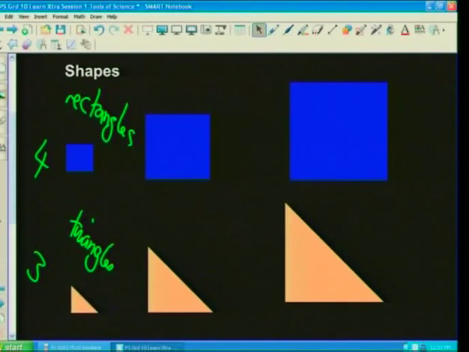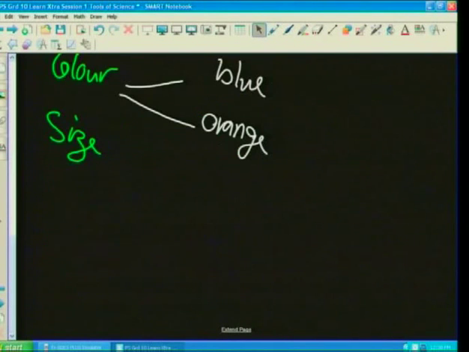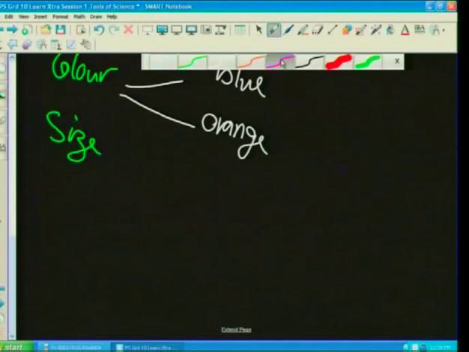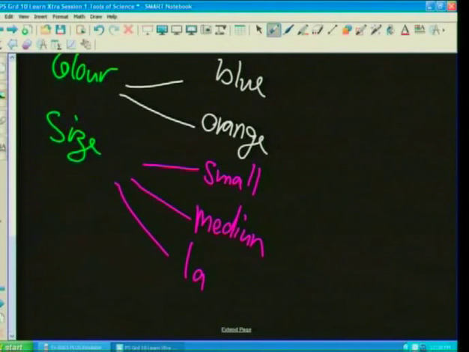We could do this in a little bit more detail, but for the moment, just roughly, if we were to describe size, I think it would be enough to say that we've got small, medium, and large.